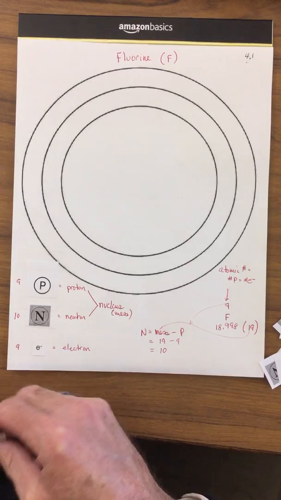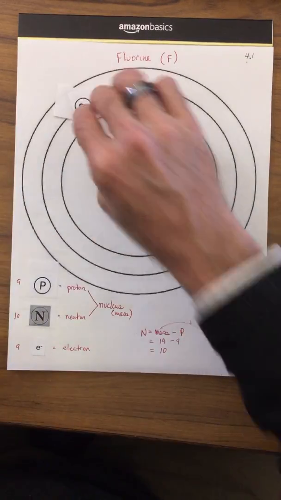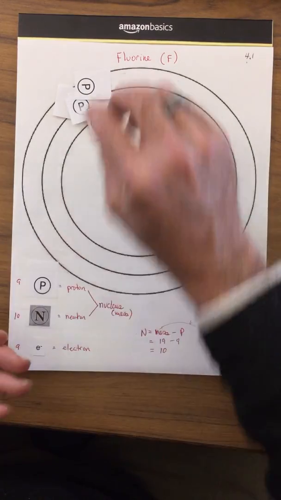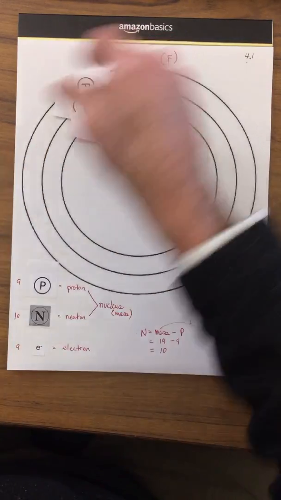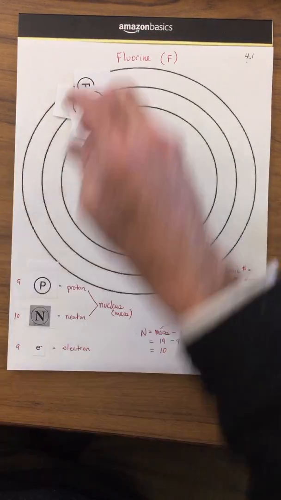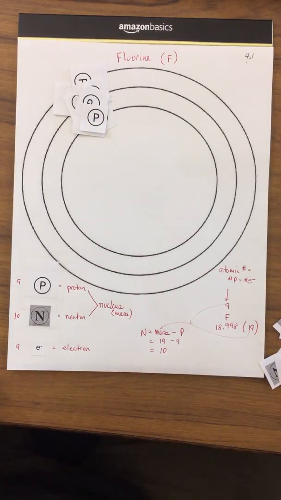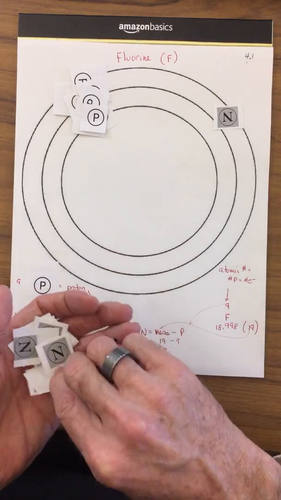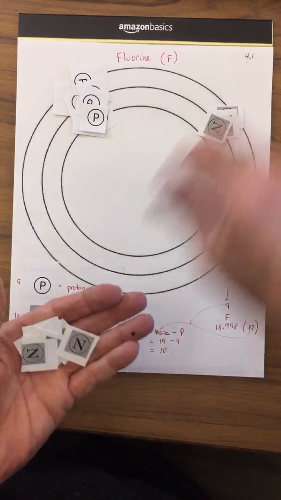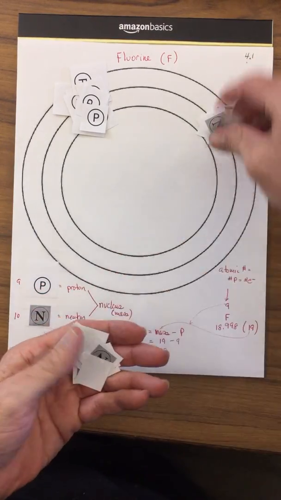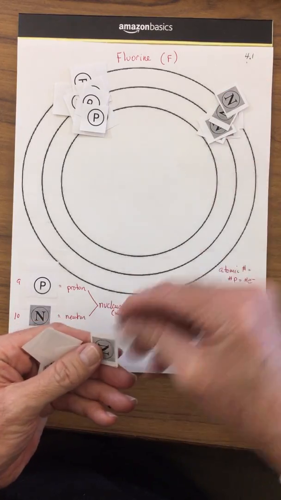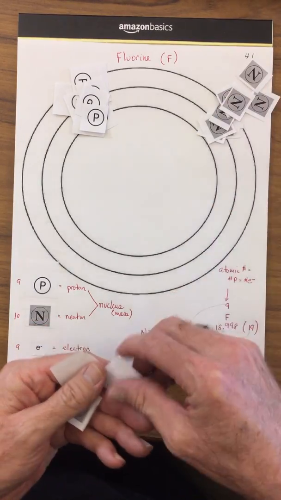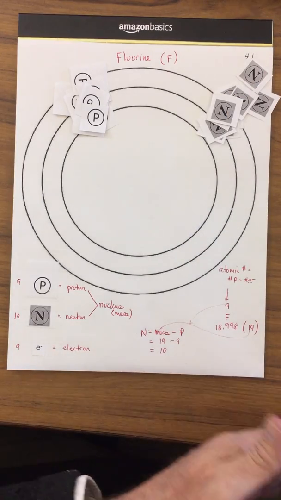So I'm going to count 9 protons. 1, 2, 3, 4, 5, 6, 7, 8, 9. Okay, and I'm going to be counting 10 neutrons. I'm going to count them over here. 1, 2, 3, 4, 5, 6, 7, 8, 9, 10 neutrons.